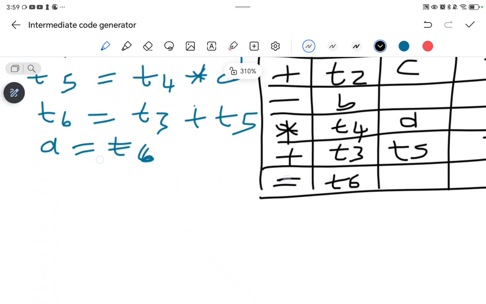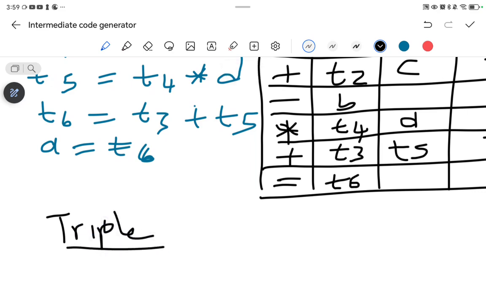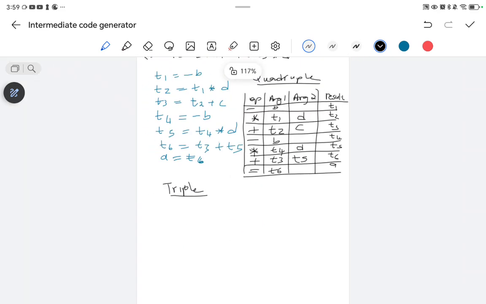Then I come to a triple. For the triple, I'm just going to have my hash, the op, arg1, arg2. So let me start with the hash.